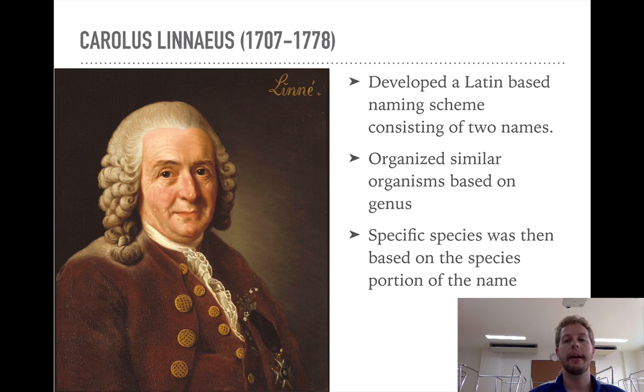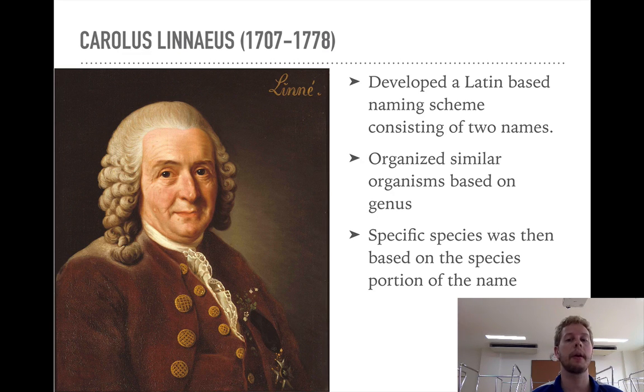But what he did was he took plants and animals and he started to group them together based on these common features. And the names were based off of Latin names because at that time science was often Latin. And so he came up with what was referred to as a binomial naming scheme. All right?